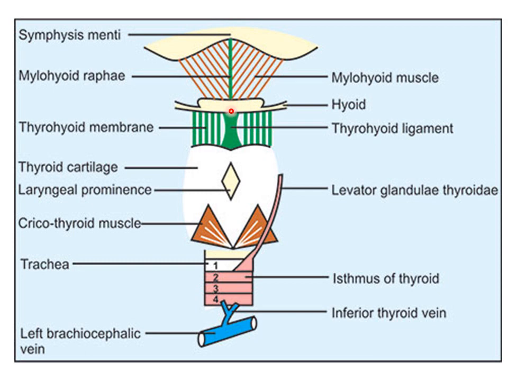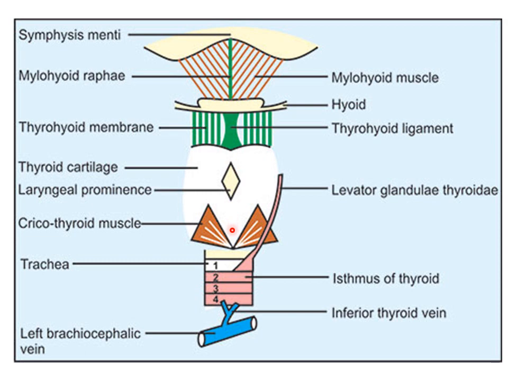Then we have the thyrohyoid membrane with the structures piercing it. Then we have the thyroid notch, which is produced by fusion of the two laminae of the thyroid cartilage. So that is at the level of C4 and C5.